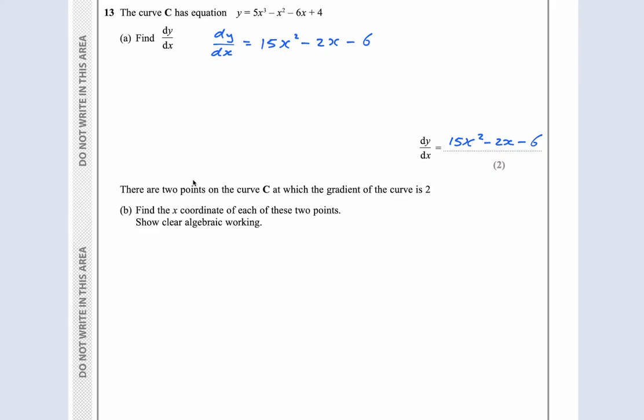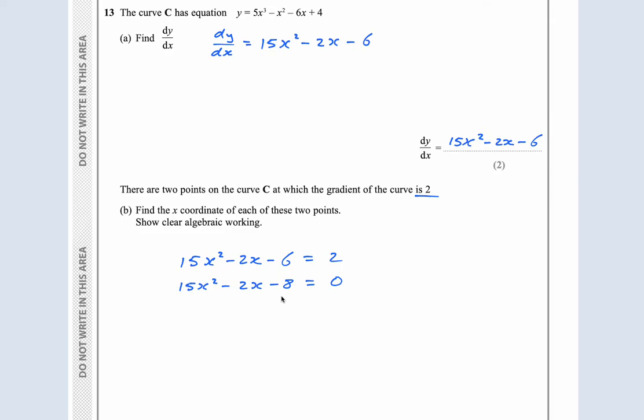So when he says, where is the gradient 2, you say, well, the derivative equals 2. Then I can go 15x squared minus 2x minus 8 equals 0.